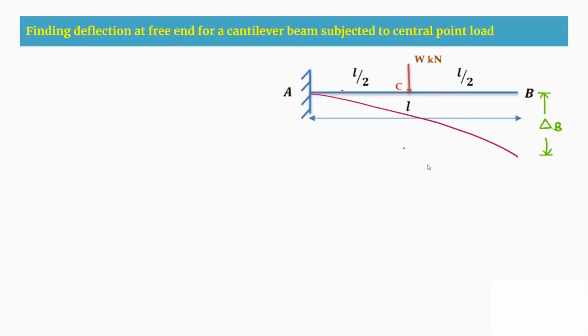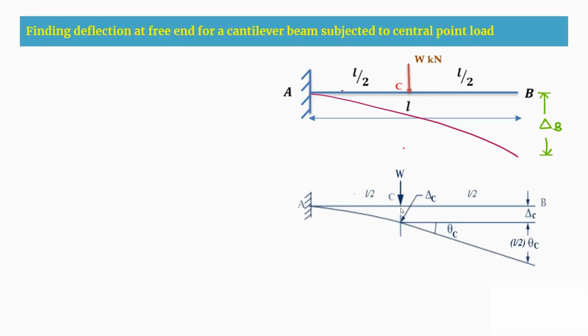To get this, you can see in this picture that at the load you have a deflection delta C, that is the deflection at point C. Now what I am going to find is delta B. This delta B will be equal to delta C plus delta 1. So my aim is to find delta 1. To get this, I am going to take this triangular portion.